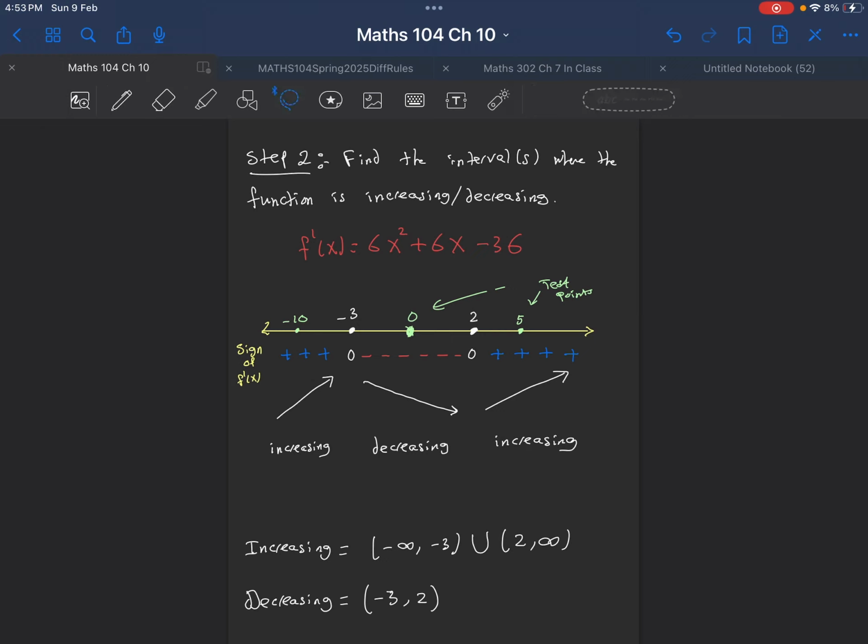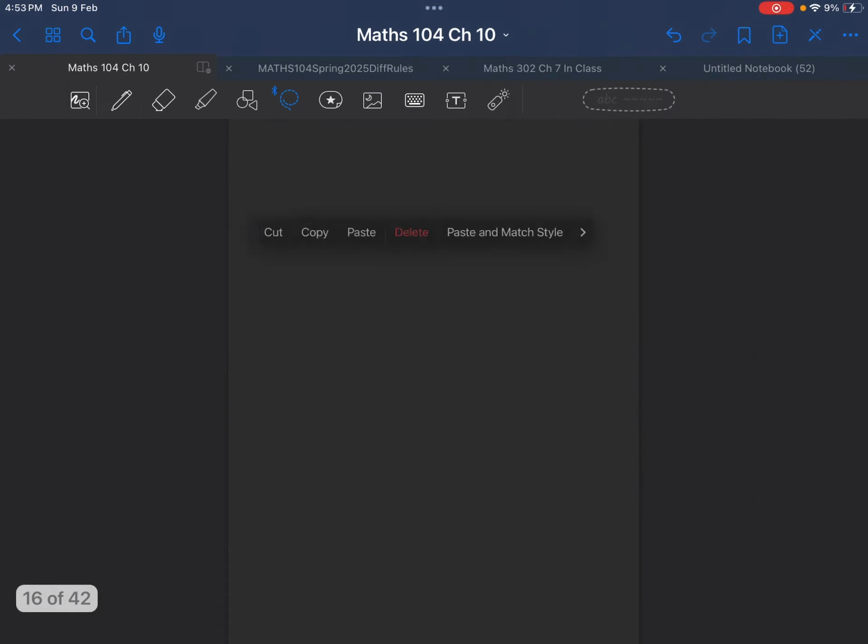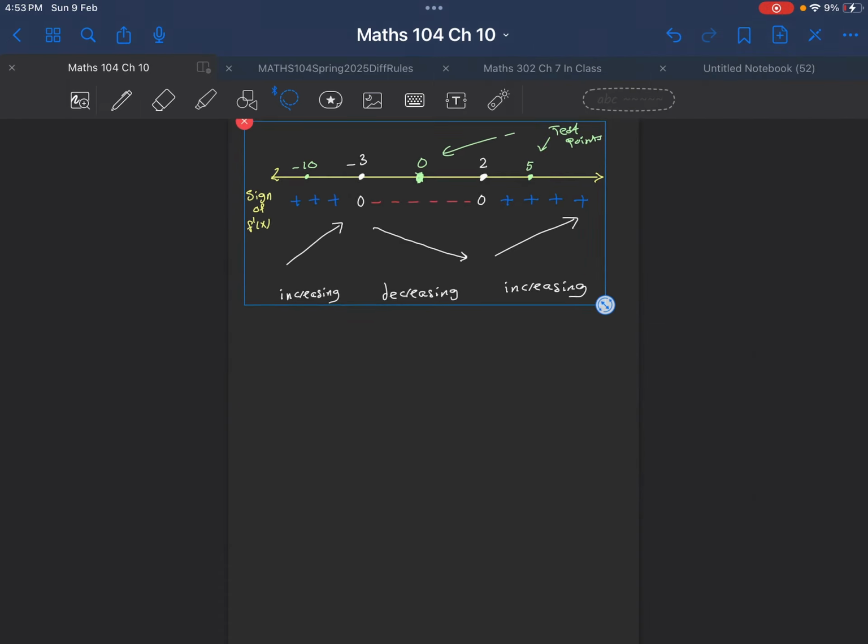Finally, in order to find the local maximum and local minimum, I will take this one to the other page because I would need to keep it in front of my eyes. And now I can find the local maximum.